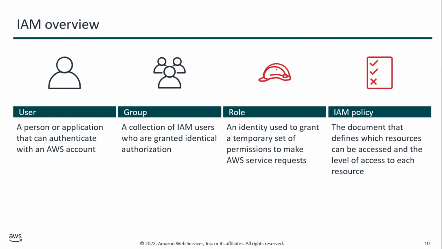Next is how we assign the roles and what the different small terminologies are. Whenever I say user, that means a single account. Whenever I say group, that means a collection of IAM users. And whenever I say role, role means the policies or permissions which are given to a particular user temporarily. Anytime it can be revoked or extra can be added.